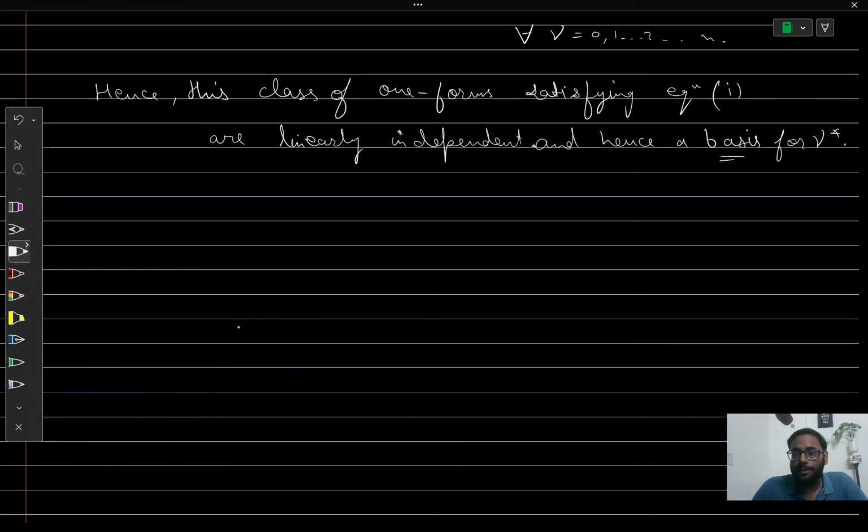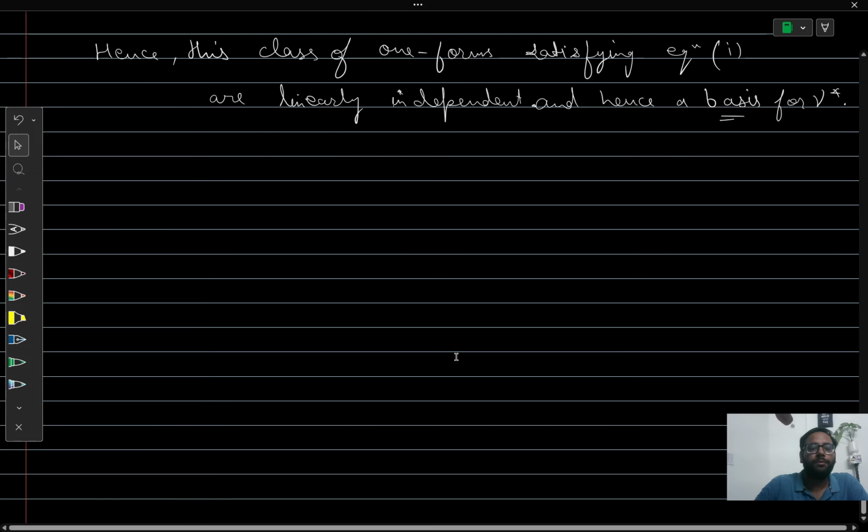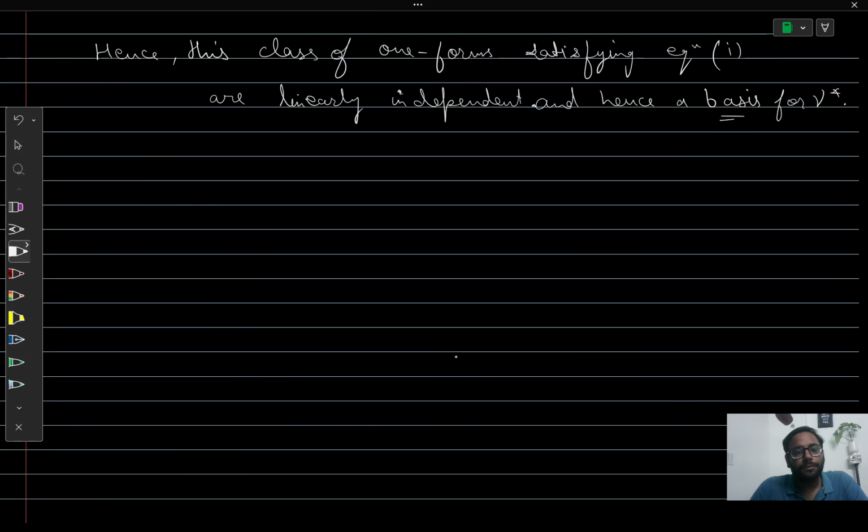Since this dual vector space is also a vector space, it will follow the same rules of vector space. Now let's assume that this vector belongs to this dual vector space.